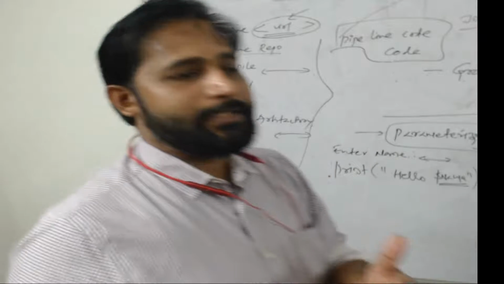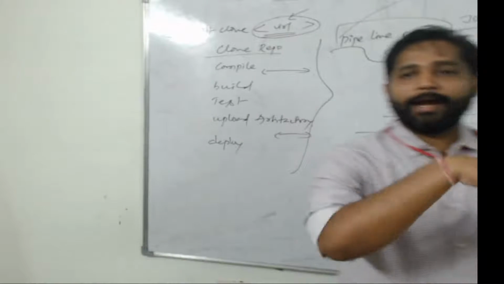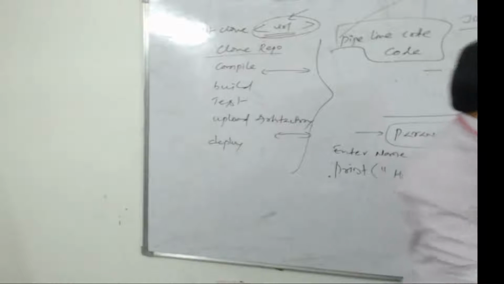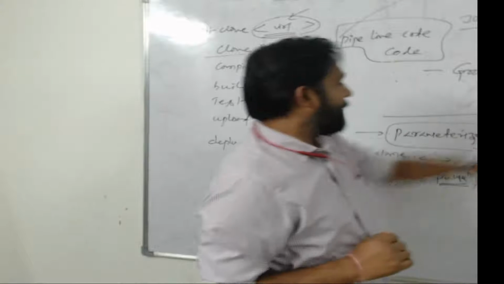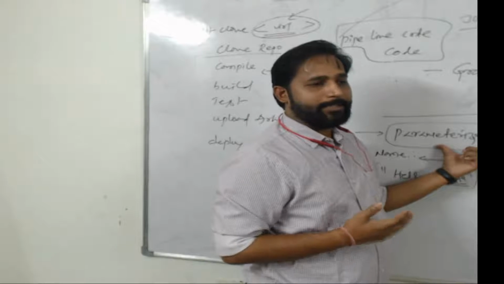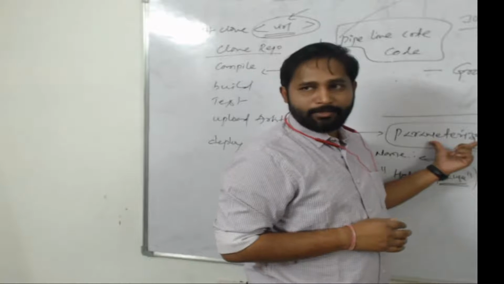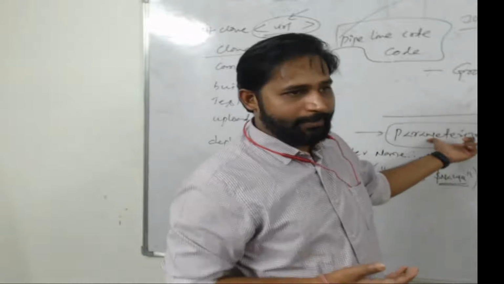In declarative, you always tell what you want, and the software will figure it out. Now both these pipelines can be parameterized. Parameterized basically means you are sending in parameters. At the time of running or building the job, you will give the parameter values.